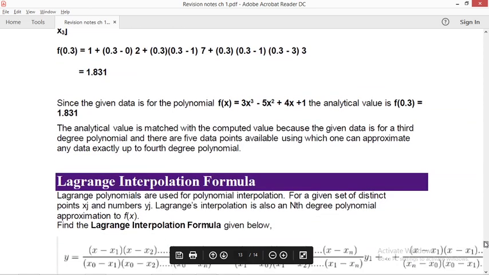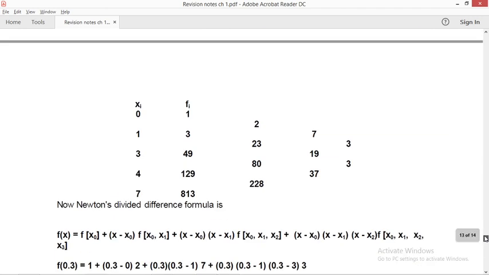Since the given data is for the polynomial f of x equals 3x cubed minus 5x squared plus 4x plus 1, the analytical value of f of 0.3 is equal to 1.831. Now there is something that you need to see over here.